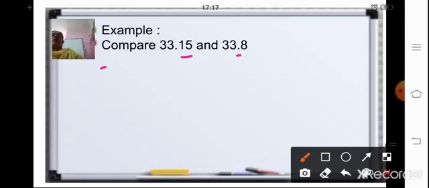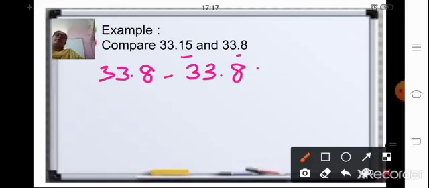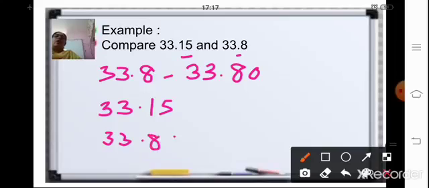So 33.8 we will convert into like decimal, so that will become 33.80. Now 33.15 and 33.80. Now how to compare?